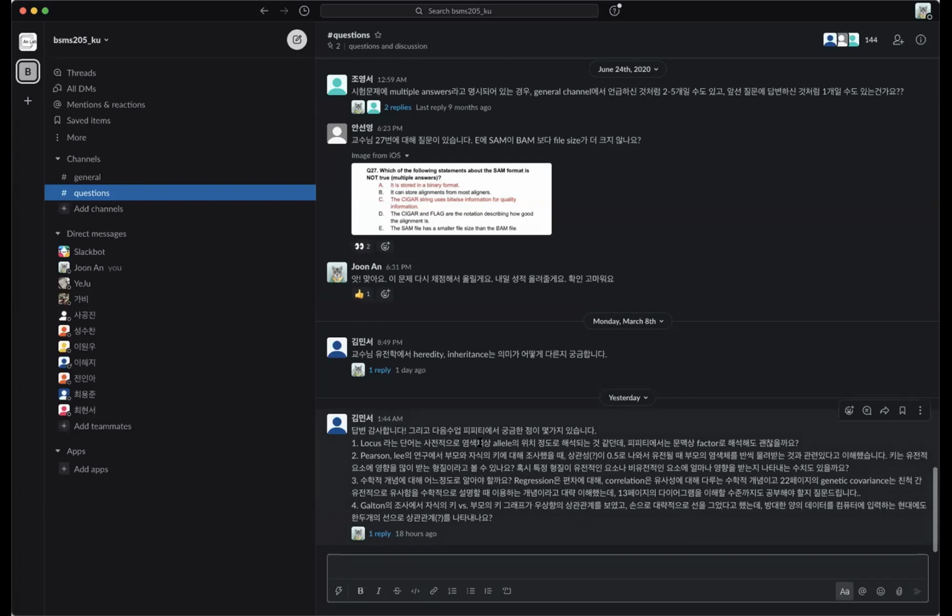This person asked whether the locus is technically the position of alleles on the chromosomes, right? And the question was whether you can interpret this locus as a Mendelian factor. Yes, you can do that.